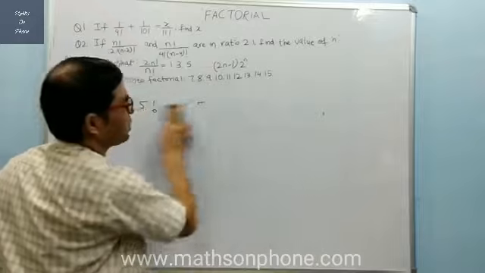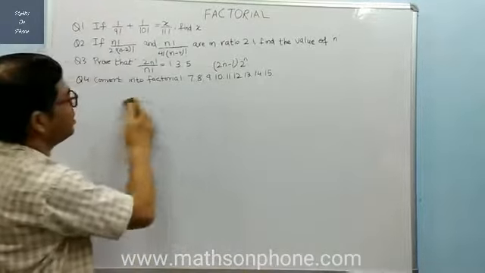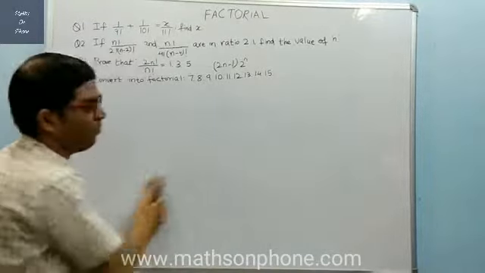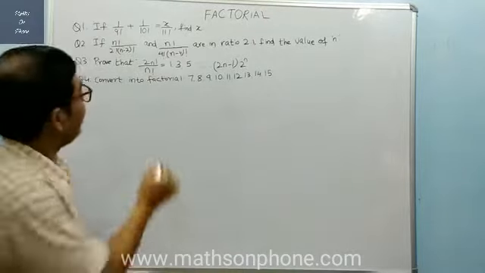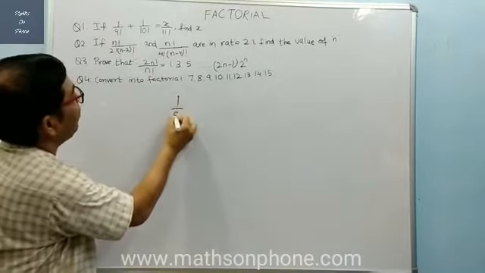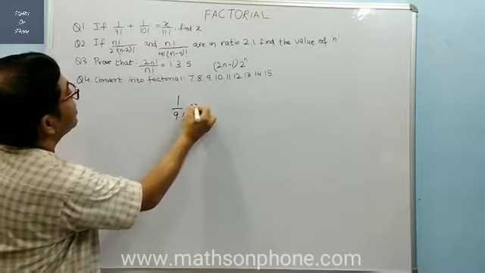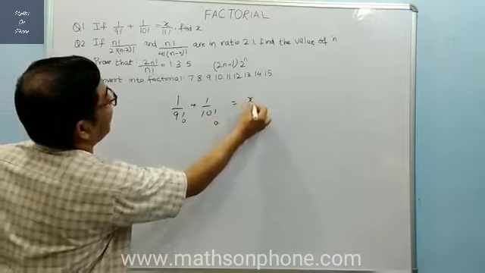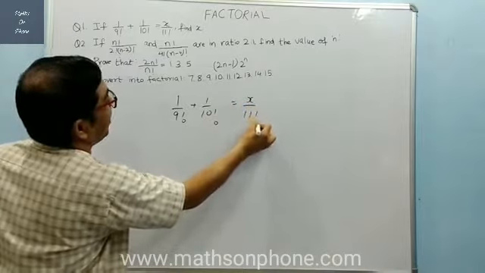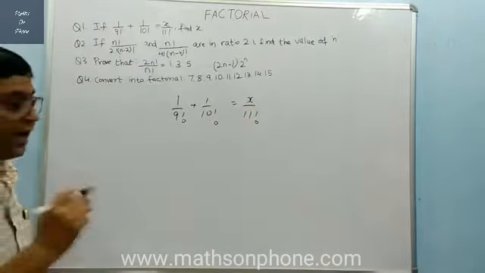Now we will do certain simple questions to understand factorial very clearly. See, first question: if 1 by 9 factorial plus 1 by 10 factorial is equal to x by 11 factorial, I have to find x. What can I do?